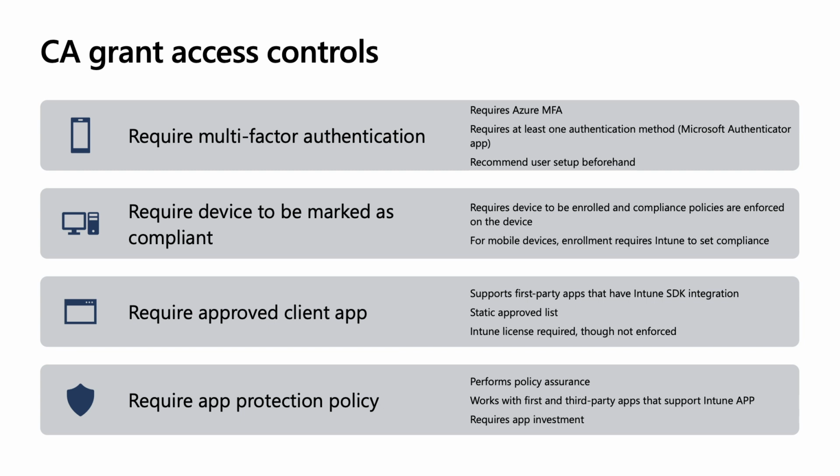But instead of relying on a statically defined list in Azure Active Directory, use of this grant access control is ultimately defined by the apps defined in your app protection policies themselves. And this grant access control does what I refer to as policy assurance. Policy assurance means that an app protection policy must be successfully delivered to the app before an OAuth token can be generated and provided to the user.